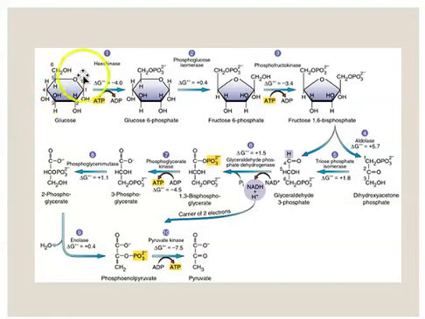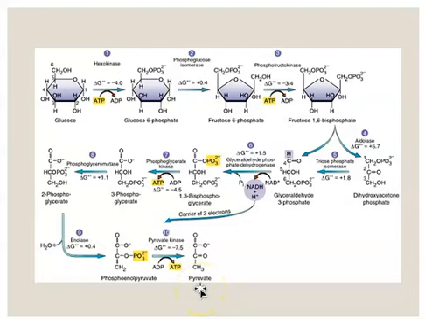So glucose goes in, but we then create molecules like glucose 6-phosphate and fructose 6-phosphate and fructose 1,6-bisphosphate and on and on and on until finally we're left with pyruvate. 1 6-carbon glucose goes in, 2 3-carbon pyruvate come out.